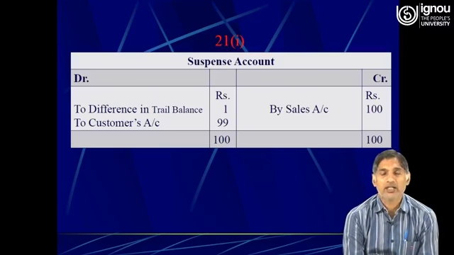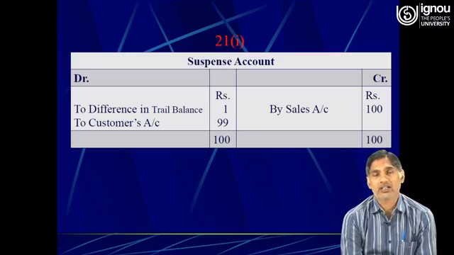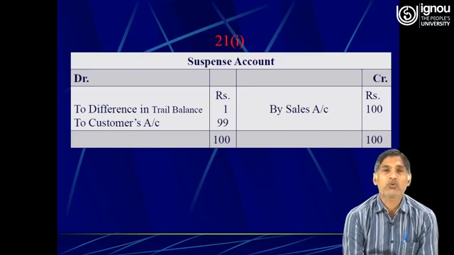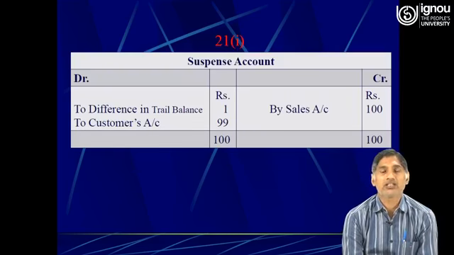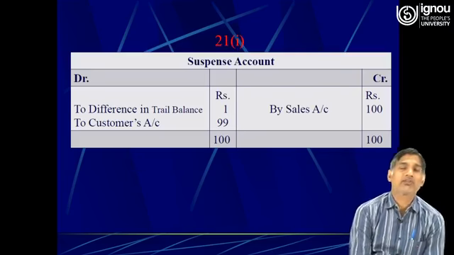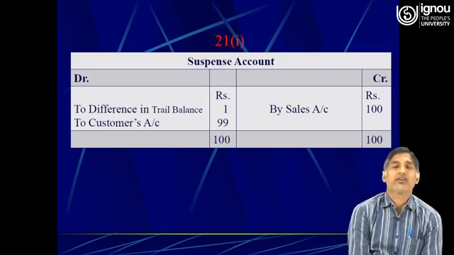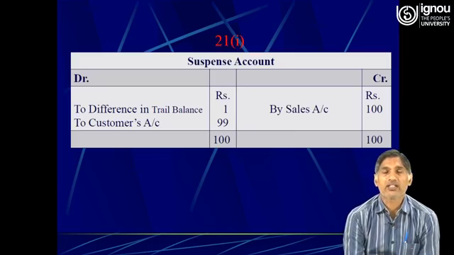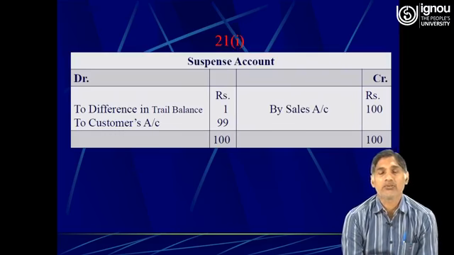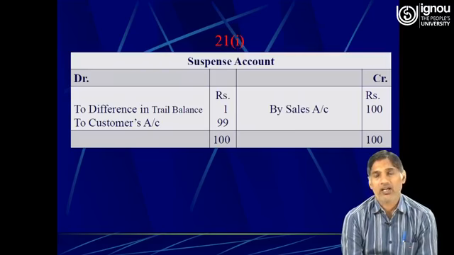We have to present the report to the various stakeholders and to the internal management also. They have to take very crucial decisions on the basis of the final accounts prepared by the firm. So we cannot wait any longer in case the total of the debit side of the trial balance does not tally with the total of the credit side of the trial balance.